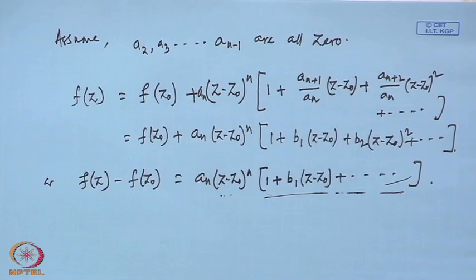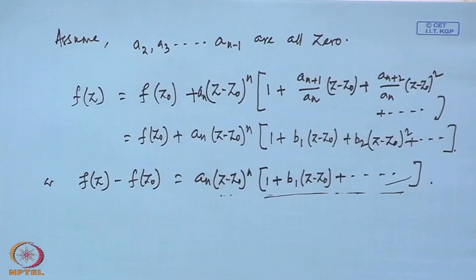Now, if we apply a transformation z to the power n, what happens to the angle at z naught? The angle changes by n times. If you have r e to the power i theta in z and zeta equal to z to the power n, it is r to the power n e to the power i n theta.